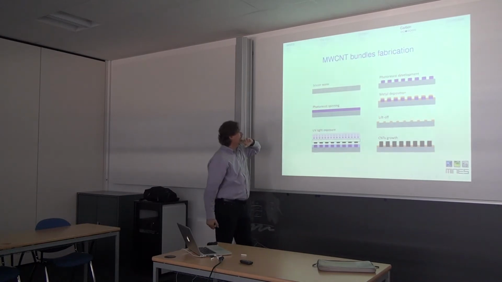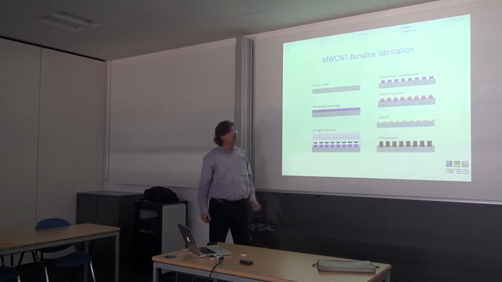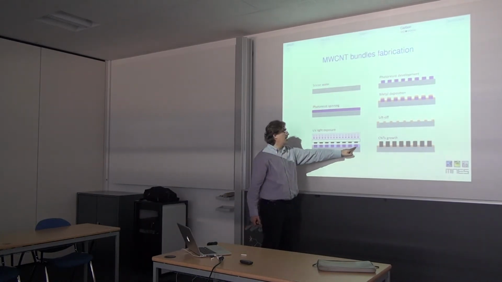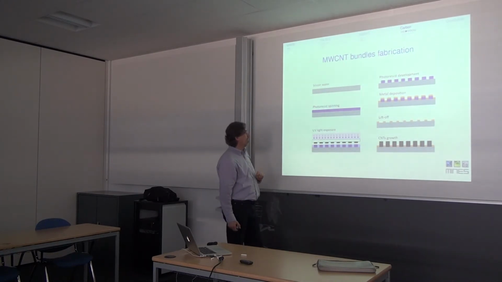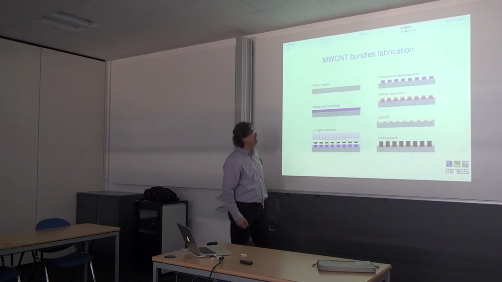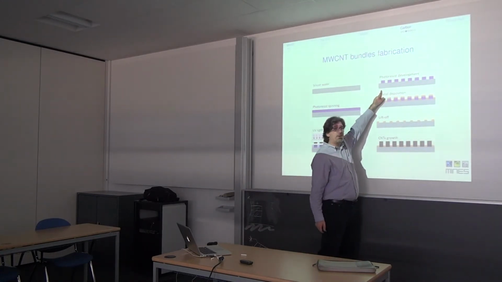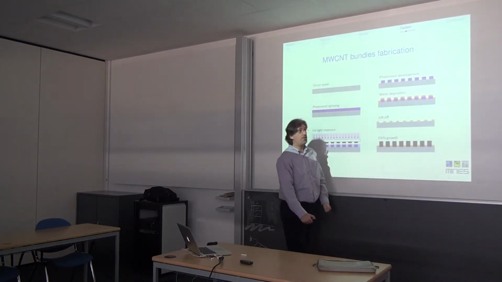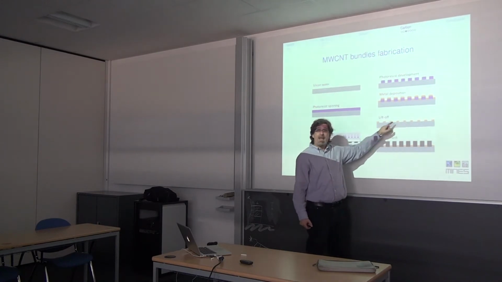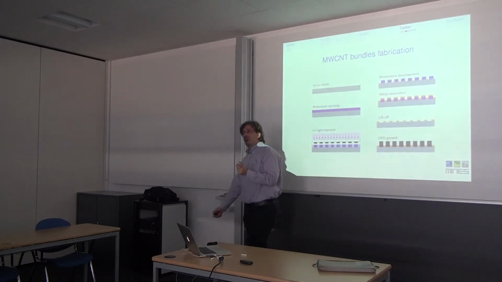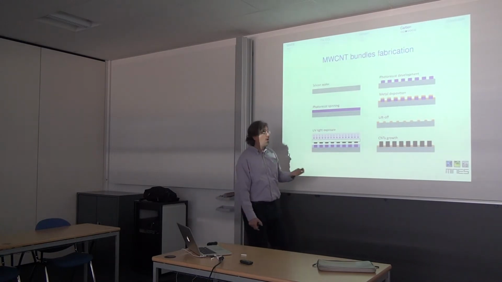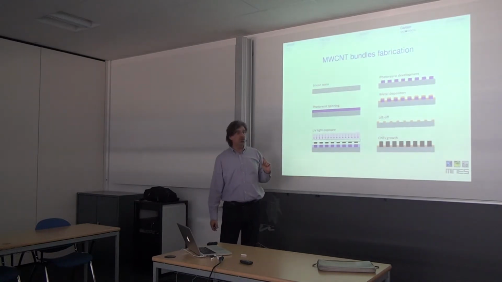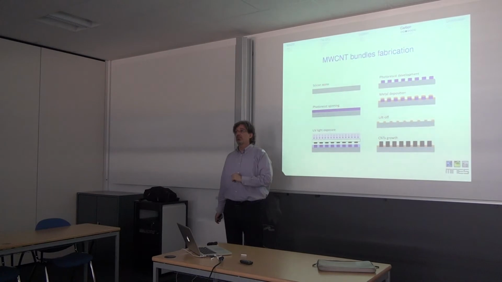They spin a photoresist for doing a photomask, and so for defining the areas, the zones where they will grow the carbon nanotubes. Then, after the development of the photoresist, they deposit metal on top of the wafer, they do the lift-off, and they are able to grow the carbon nanotubes where we do not have the metal. So they grow the carbon nanotubes directly on the surface of the silicon dioxide.